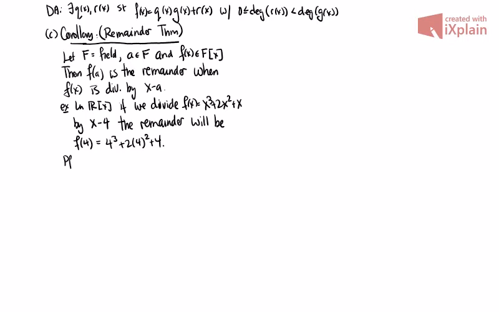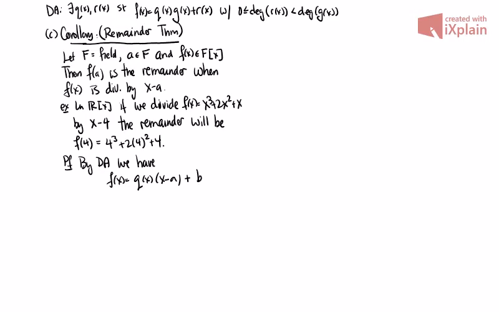So the proof of this is actually really, really easy. By the division algorithm, we have f of x equals q of x times x minus a. So I'm dividing f by x minus a because that's what the theorem statement talks about. Plus a remainder, which will be a constant.